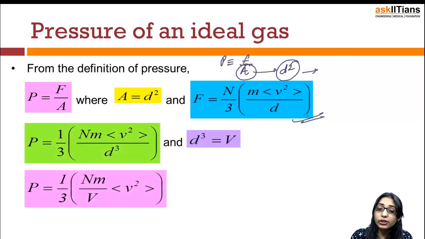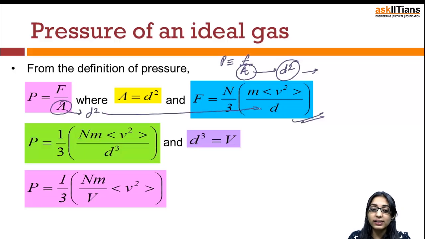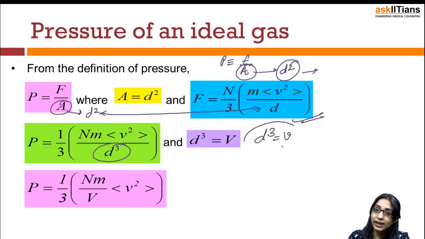If I substitute the value of F in the equation of pressure, I get 1 by 3 n m v square over d cube, since a square area is d square, and multiplying by another d gives d cube. For any cube the volume is given as length cube. So we can say P is equal to 1 by 3 m into n by V into v square.